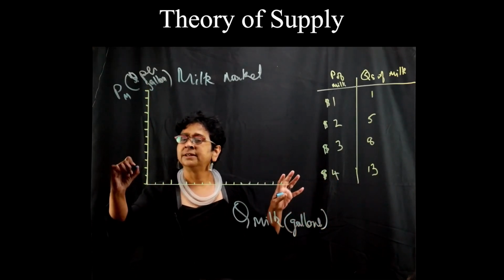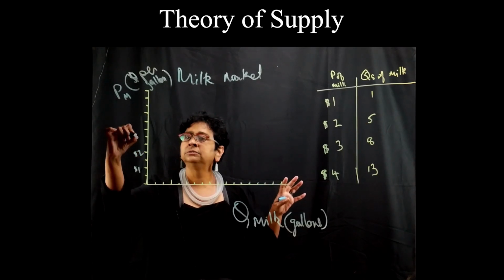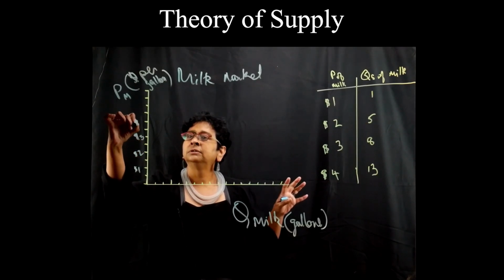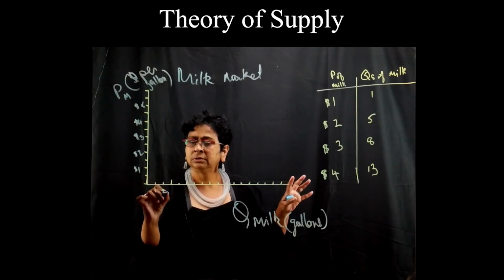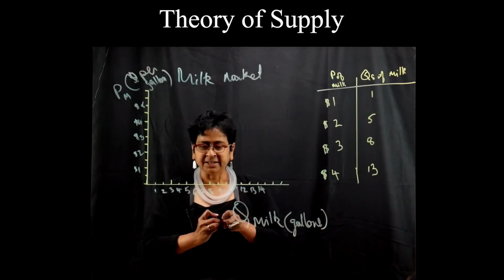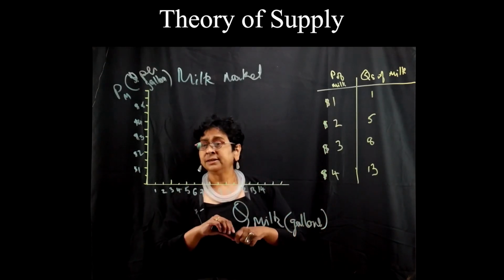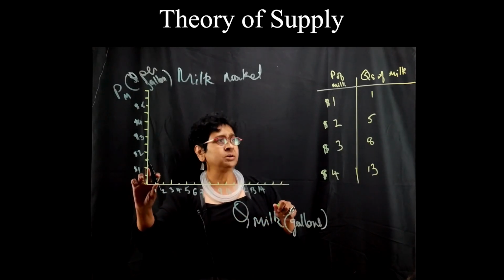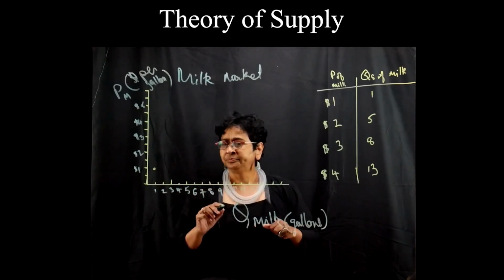This, let's say $1 per gallon, $2, $3, $4, $5. And that's the quantity. So what I do is I just graph these points. So at $1 per gallon, the quantity supplied of milk is 1 over there.